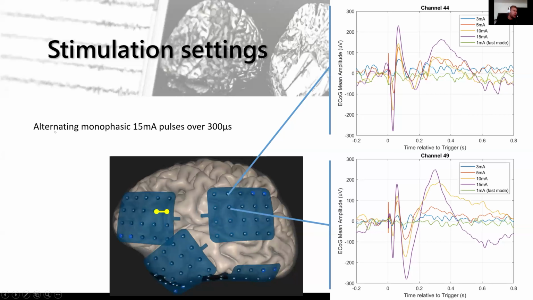So how does that look now? If we use here the maximum of 50 milliamperes with 300 microseconds in this yellow stimulation target, then we can observe, for example, responses already on the parietal lobe, and then we can see for different current intensities that we get a different N1 potential with a stronger amplitude.